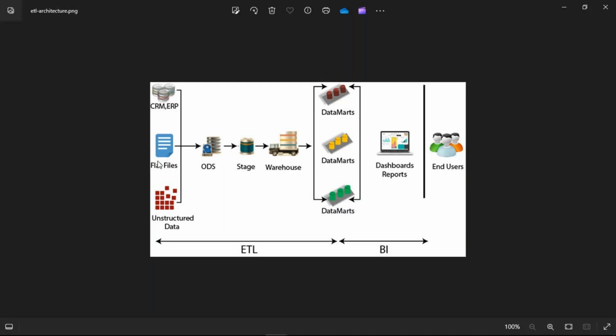What are flat files? Flat files are nothing but a simple Excel file, Word file, or notepad file. All such files are flat files. It can even be a PDF. Another source is CRM or ERP, which are customer relationship tools or enterprise resource planning tools such as SAP or Salesforce. Such tools generate data, and this data is also big.